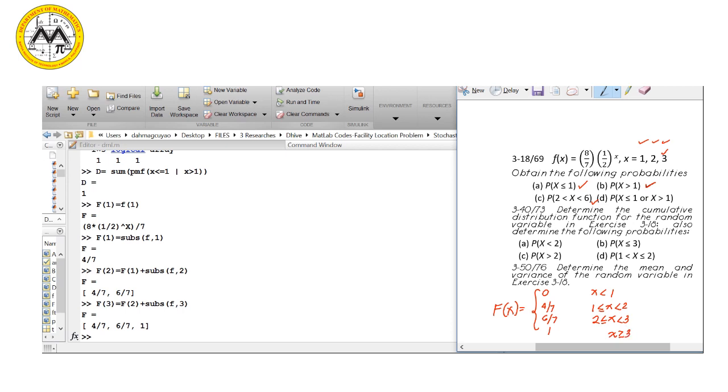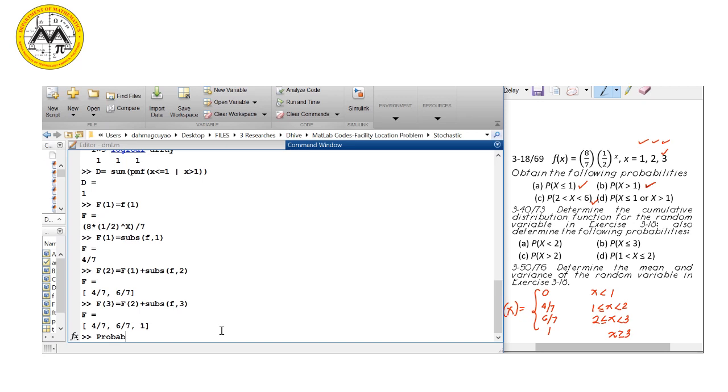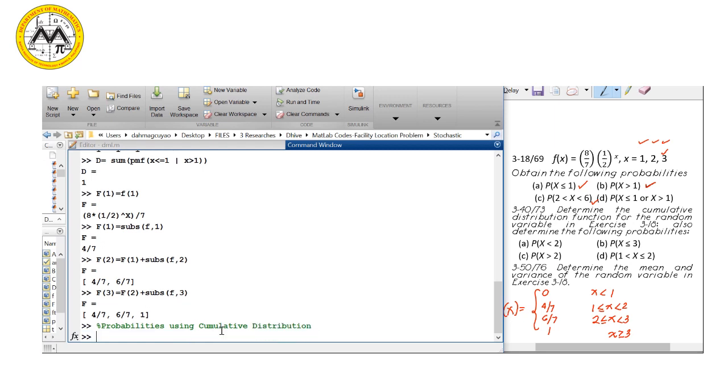So, for some of the probabilities using cumulative distribution. So for the first one, we are looking for letter A, the probability of x less than 2.